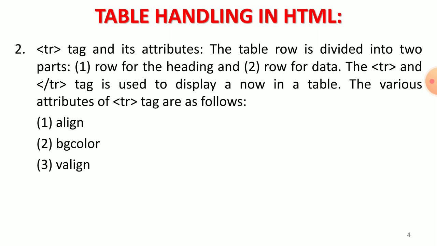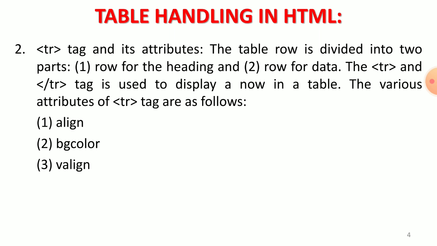Third is valign. This attribute specifies the vertical alignment of the content of each cell in a row. The top value of this attribute aligns content with the top of each cell. The middle value aligns content in the center of a cell.